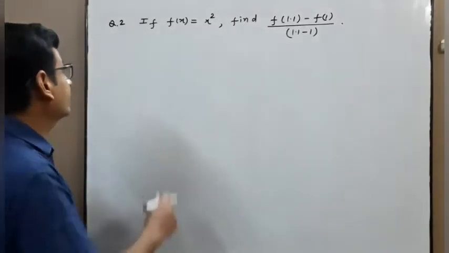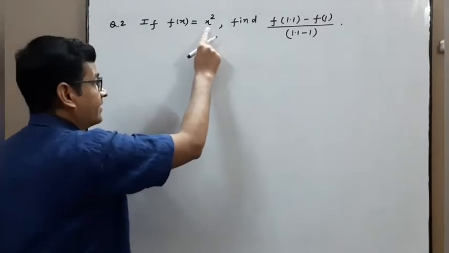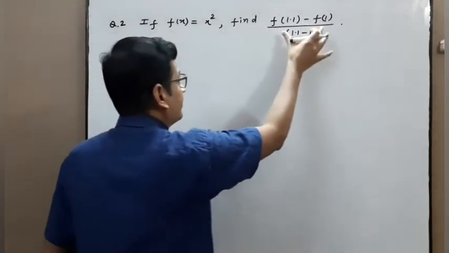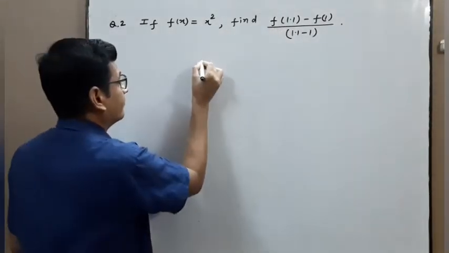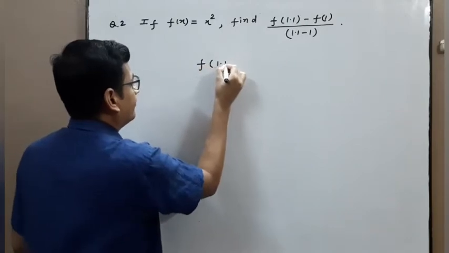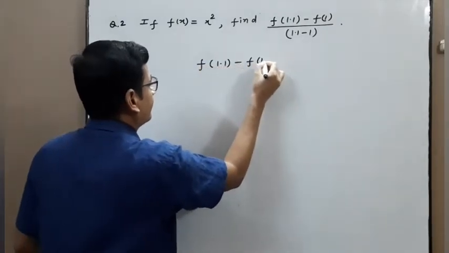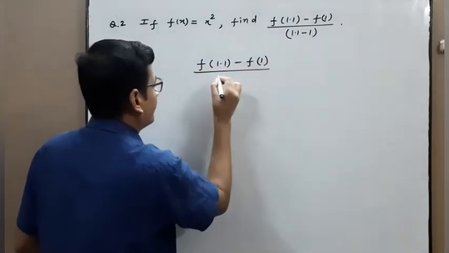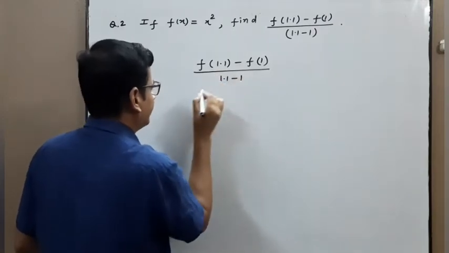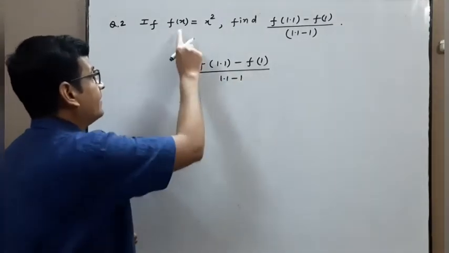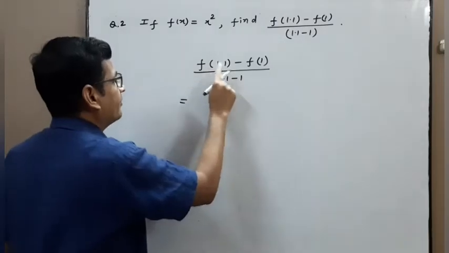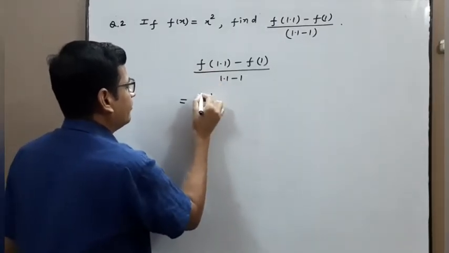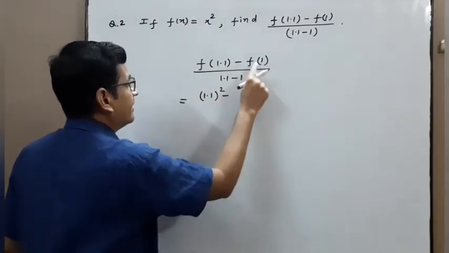Next problem. If f(x) equal to x squared, find the value of this: f(1.1) minus f(1) upon 1.1 minus 1. f(x) equal to x squared, then f(1.1) means 1.1 whole squared minus f(1).